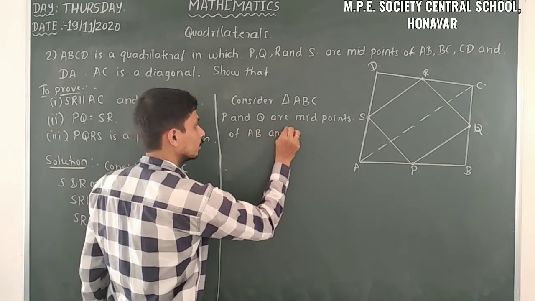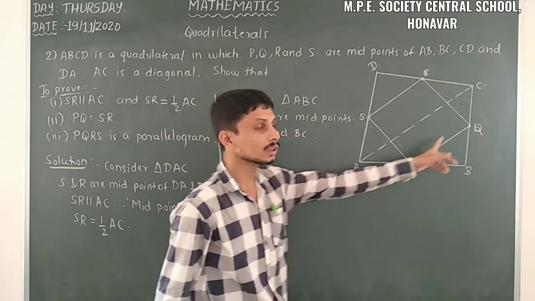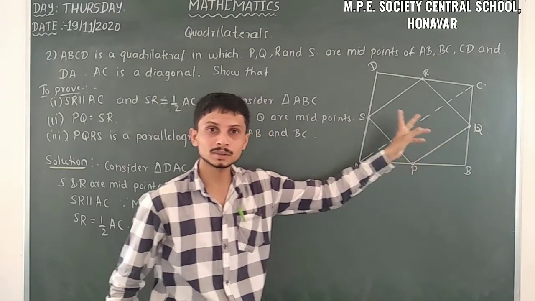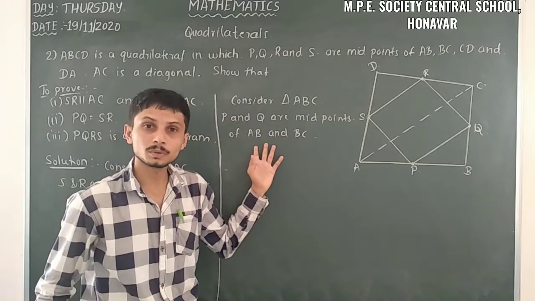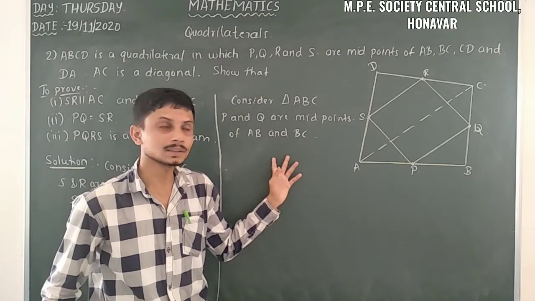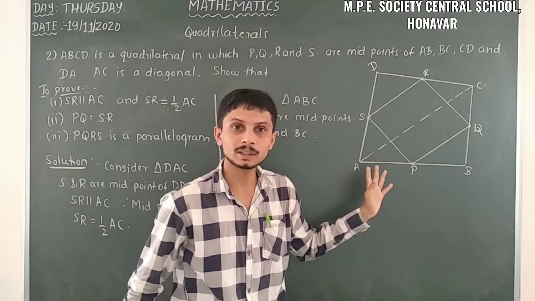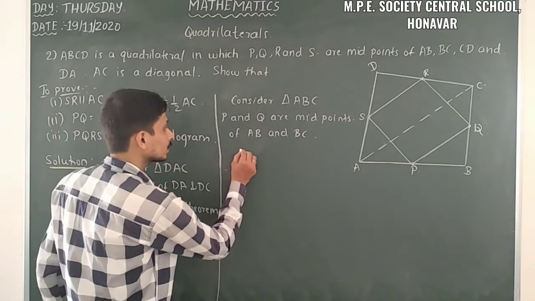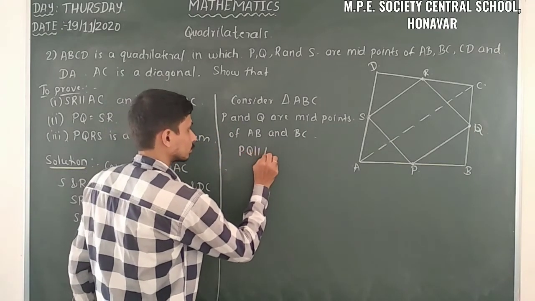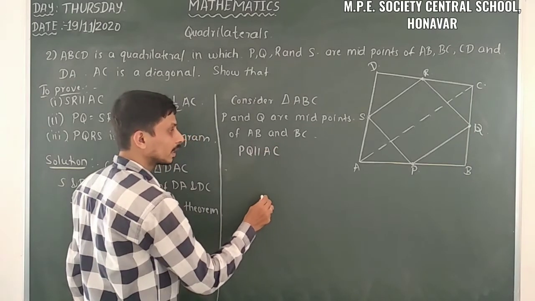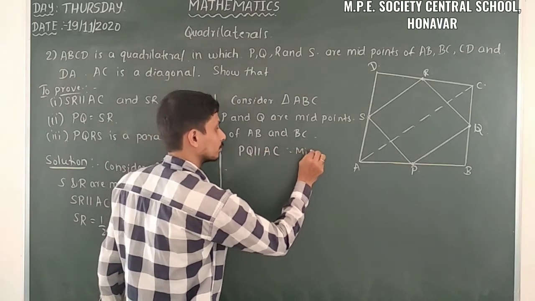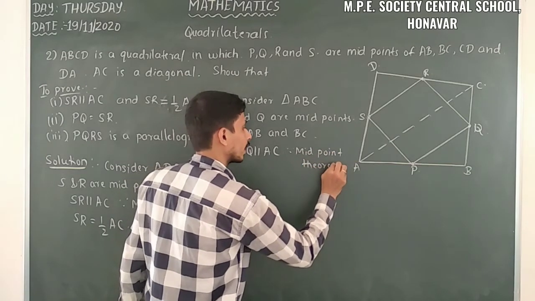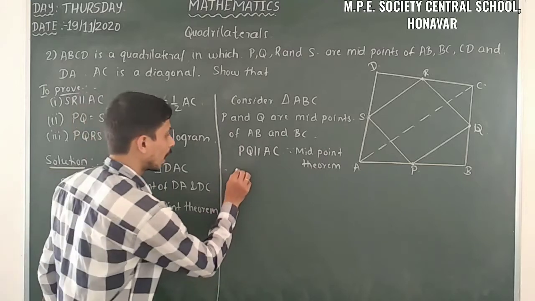Then PQ is parallel to AC. From the midpoint theorem, if a line segment passes through the midpoints of two sides of a triangle, then this line is parallel to the third side. That is, PQ is parallel to AC. This is from the midpoint theorem, and also we can take PQ is equal to half of AC.